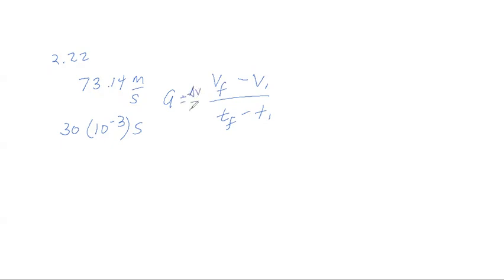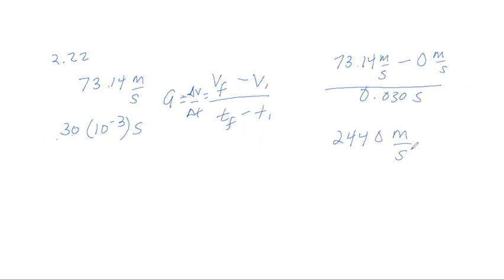So we've got 73.14 meters per second minus 0 meters per second, and milliseconds, that's going to be 0.030 seconds. And we're going to get 2440 meters per second squared.